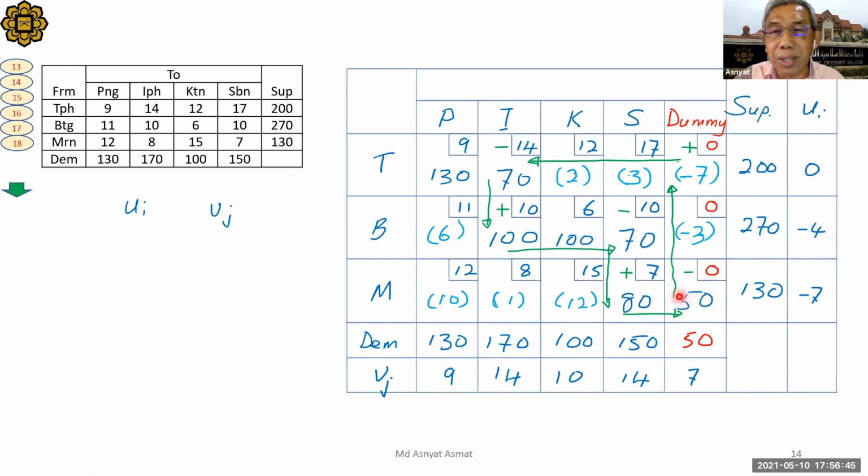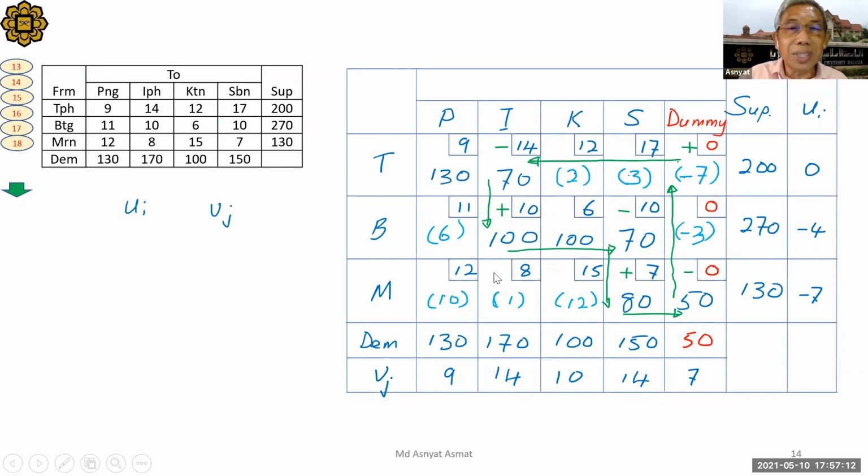So we take 50 from 50, add 50 to nothing, take 50 from 70, add 50 to 100, take 50 from 70, add 50 to 80.